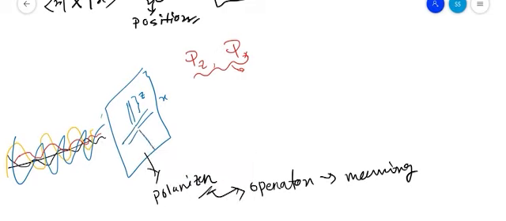So let me just draw this whole thing together. This blue one is polarized in the x-axis, p_x, and this yellow one is polarized in the z-axis.